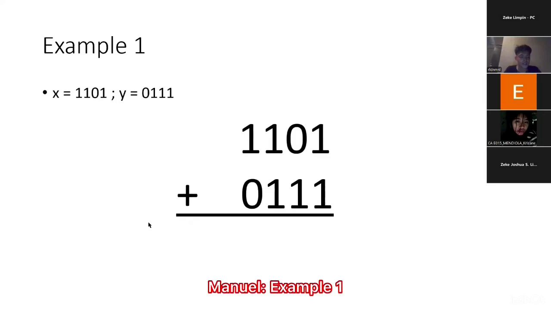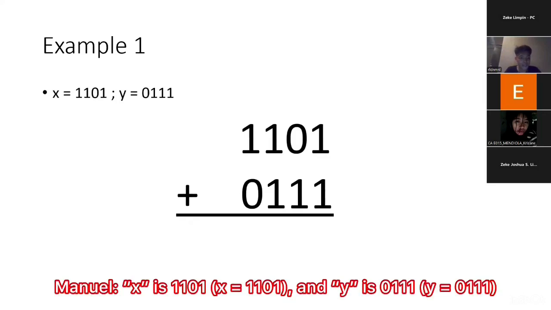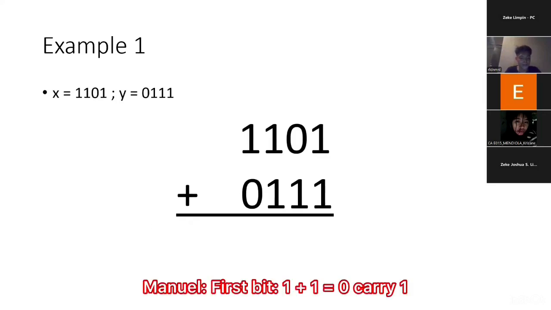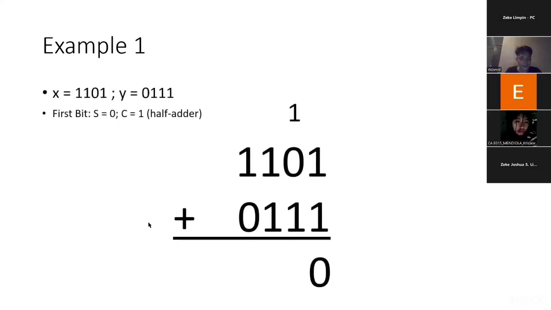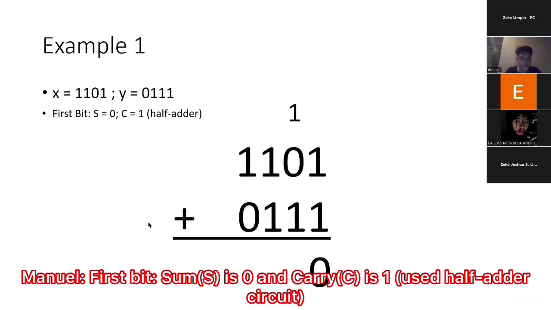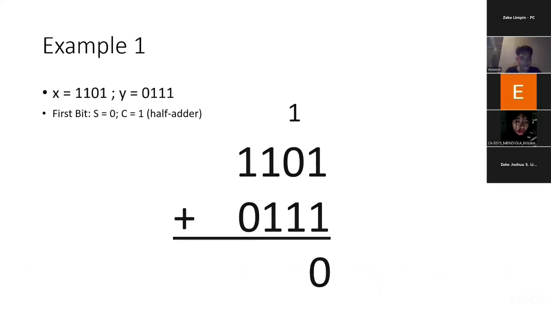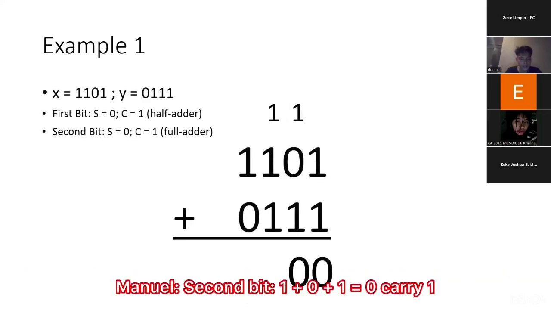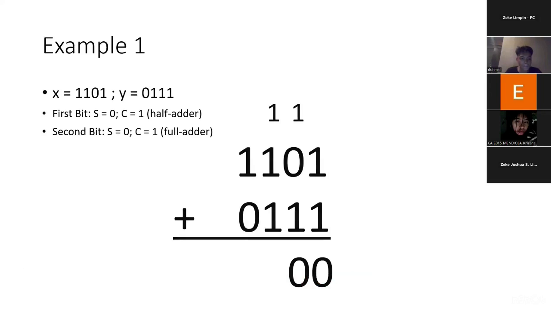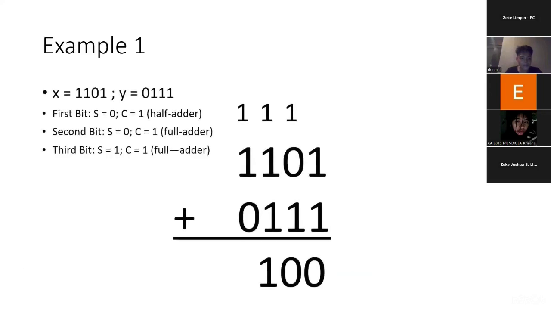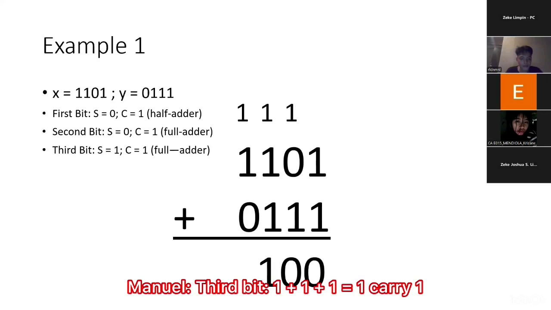Example number 1. X is equal to 1101 and y is equal to 0111. First bit, 1 plus 1 is equal to 0, carry 1. First bit, sum is 0, carry 1, half adder. Next, 1 plus 0 plus 1 is equal to 0, carry out 1. Second bit, sum is 0, carry 1, full adder. Next, 1 plus 1 is equal to 1, carry out 1.